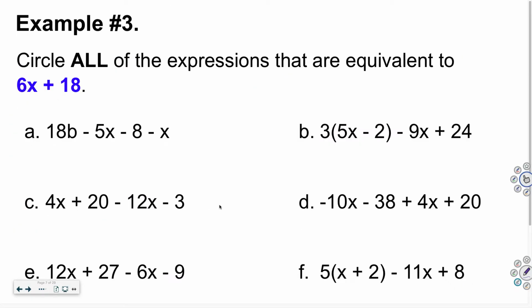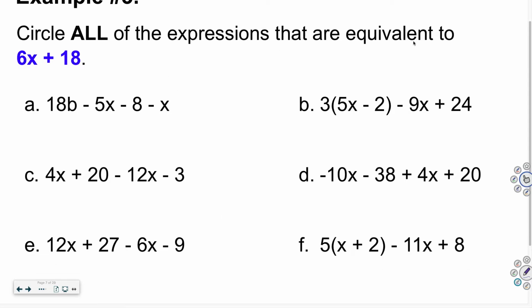Okay, example number 3. Circle all expressions that are equivalent to 6x plus 18. Okay, so we're going to have to do some reduction here. Well, this one has a b value, so this has to go. We don't have any b values, we wouldn't have anything to do with that b value.